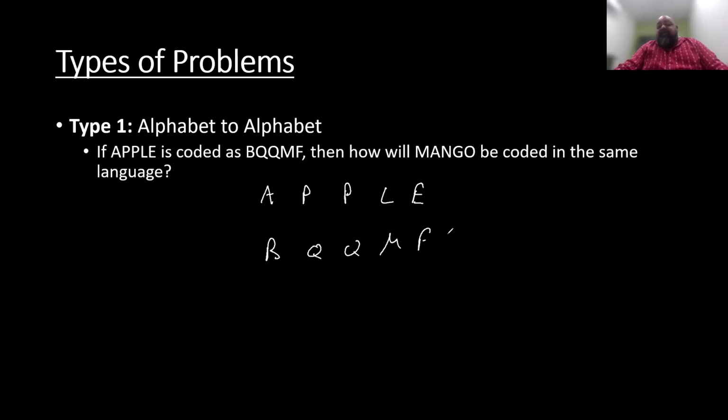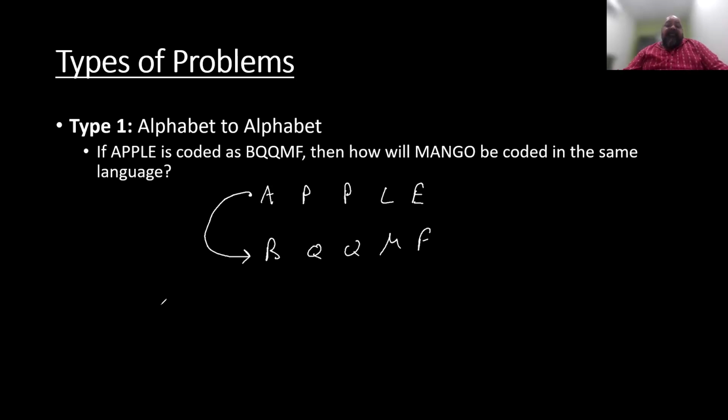If the same rule is followed, what will be the code for MANGO is the question. Now I have to identify how these alphabets have been changed to these alphabets. We can always look at the difference between alphabets and keep working. But a good rule is to identify the number value of each alphabet. There will be the forward number value, and there will be the backward number value.